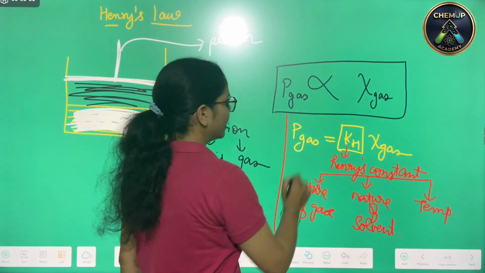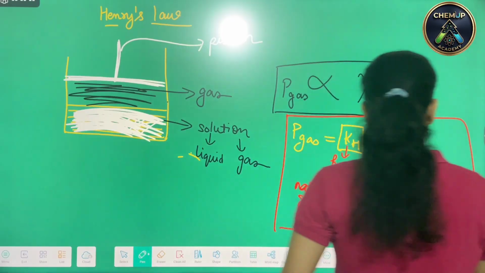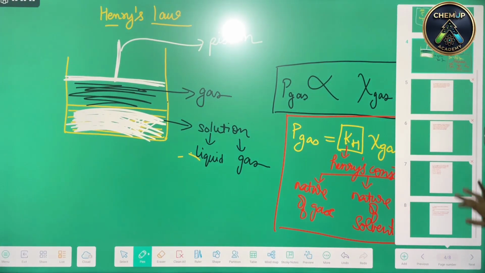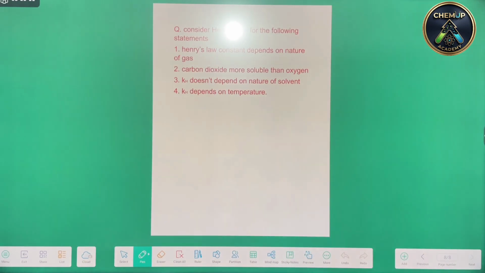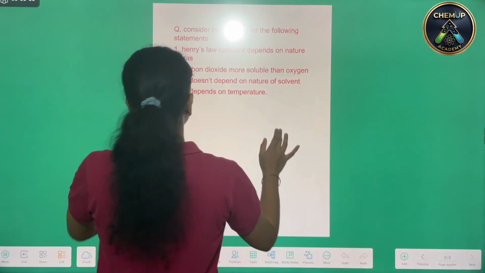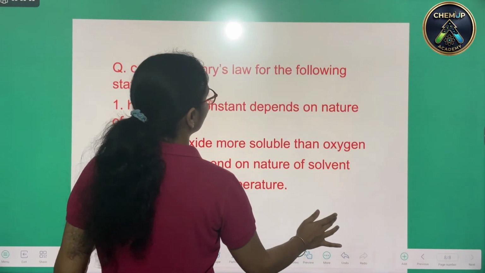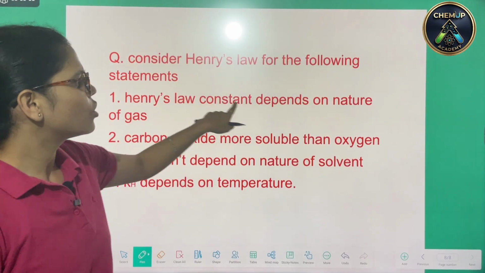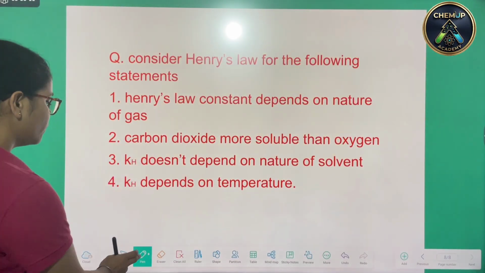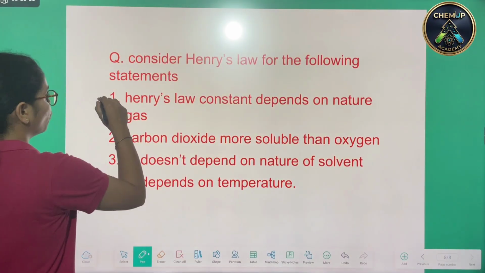A question related to this was asked in your PYQ for UPSC. So I'll just bring it in front of you. The question says, consider Henry's law for the following. Henry's law constant depends on the nature of gas, which we know is true.